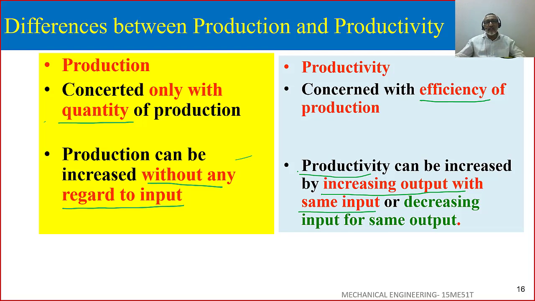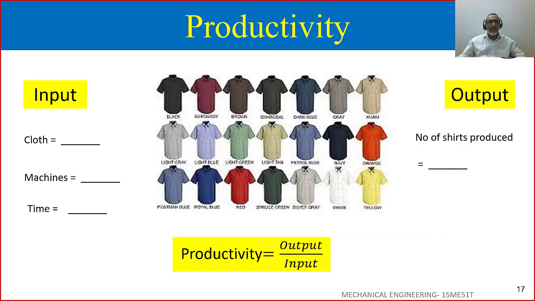Then only productivity increases. Or I can even increase productivity by decreasing the input for the same output. I may not increase the production at all. But for the same output, if I slightly reduce the input, then I can increase the productivity. That means productivity is always concerned with the ratio of output by input. So that exactly is what productivity is.